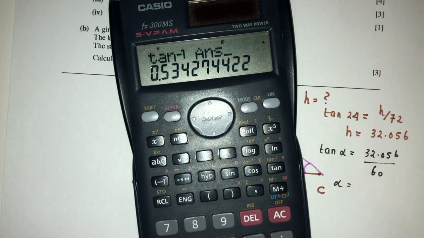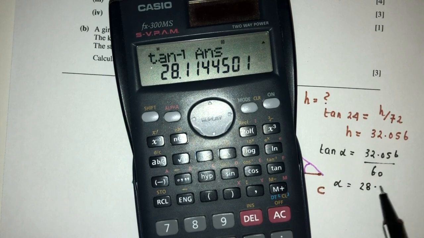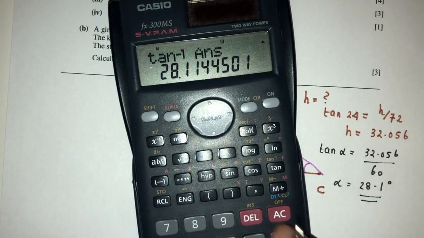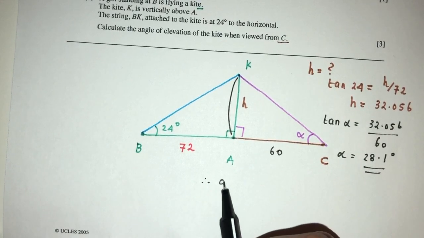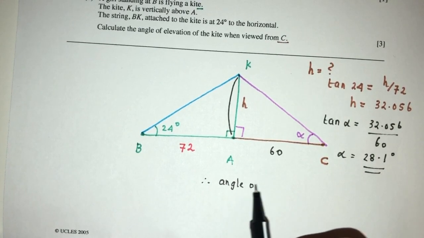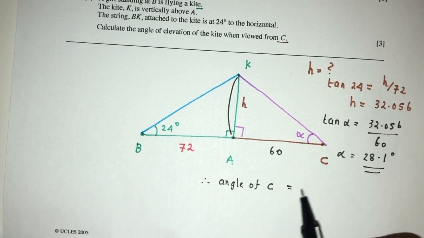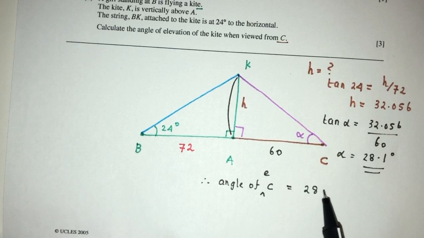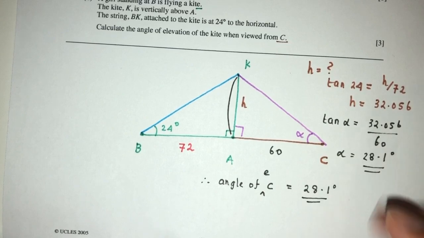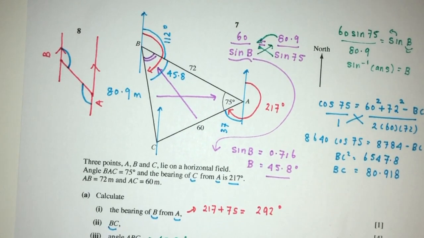Tan inverse of that will be 28.1 as your answer for the angle of elevation. So the angle of elevation from C has to be 28.1 degrees. And that will be your question number 8.